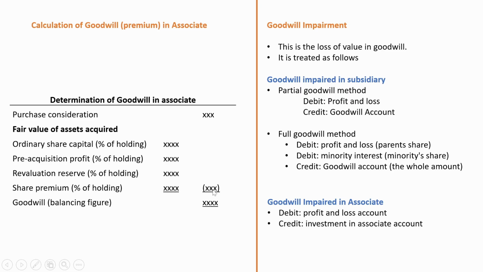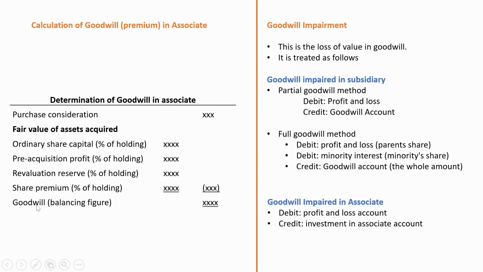So you add them, you deduct from the purchase consideration, you get goodwill or premium, which is the balancing figure. So it is the same way as the way we do it in the subsidiaries. But we don't call this one cost of control because the holding company does not control the associate.